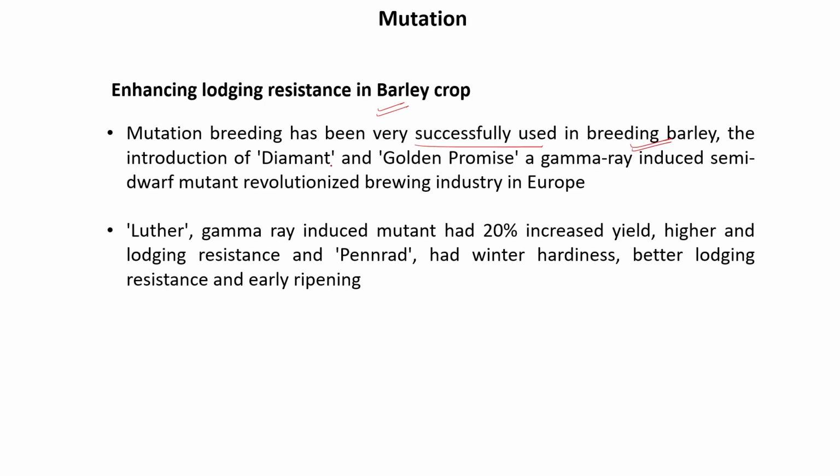Okay, so the introduction of Diamant and Golden Promise, gamma ray induced semi-dwarf mutants, revolutionized the brewing industry in Europe, based on the induced barley crop. Luther, a gamma ray induced mutant, had 20% increased yield and higher lodging resistance, and Pennrad had winter hardiness, better lodging resistance and early ripening.